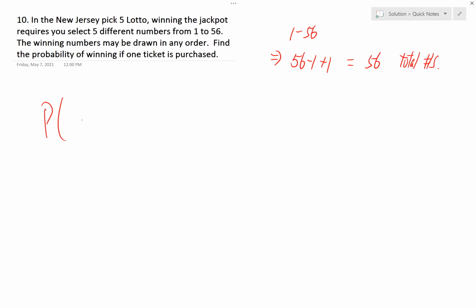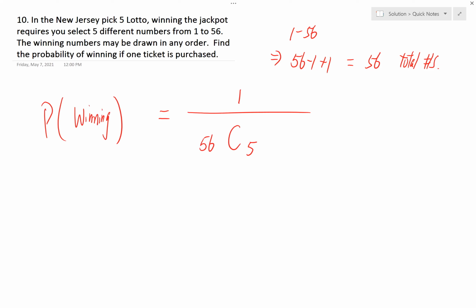If you get the total numbers wrong, then your outcome will be off. So now you want to find the probability of winning. Remember, there is only one group of winning numbers. How many groups of numbers are available? Here we use nCr because the order does not matter. As long as you pick those 5 winning numbers, you win the game. So the order of those winning numbers does not matter. So here will be 56 C 5.